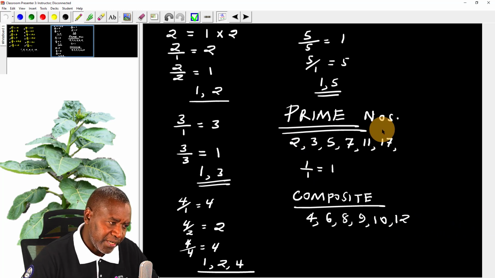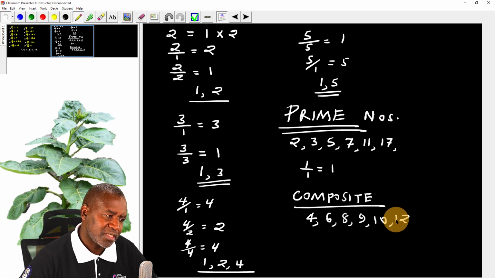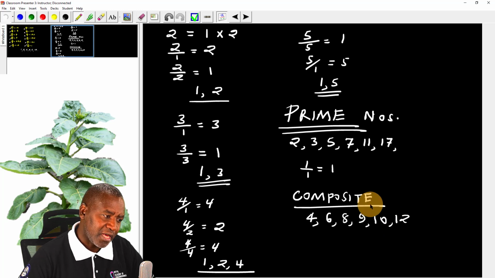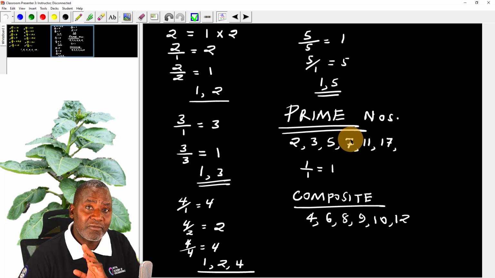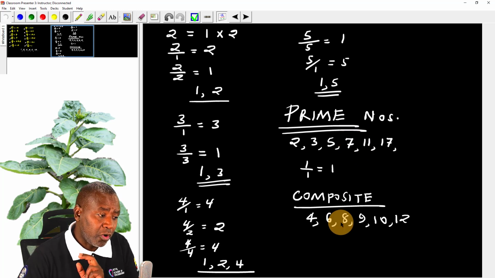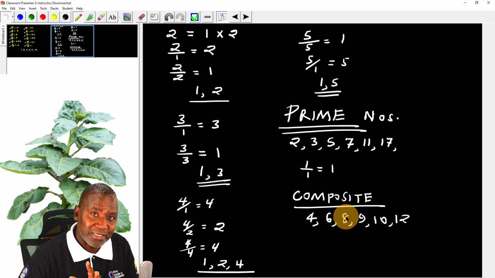Notice that prime numbers and composite numbers are different. There is nothing that they share in common. The only thing is that prime numbers have got only 2 factors, 1 and itself, while composite numbers have got more than 2 factors. Understand that. 1 is not a prime number because it's got only 1 factor.